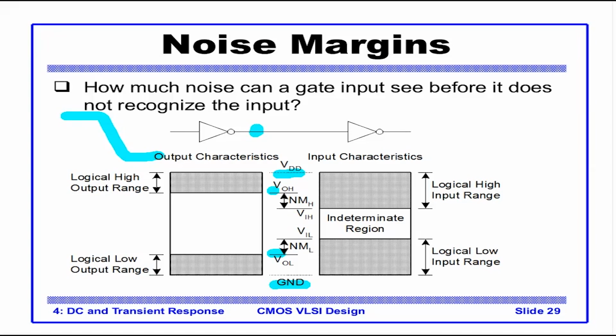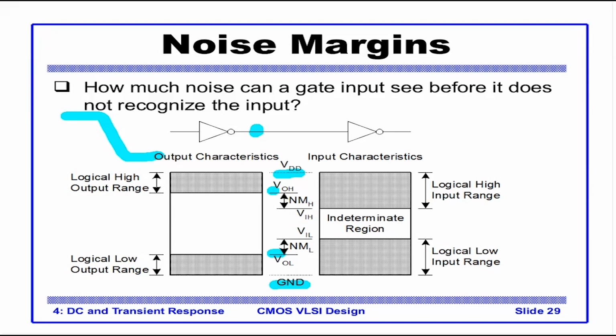I'll explain that in more detail, but let's assume that this inverter, if given a voltage between VIH and VDD, is able to resolve it as logic level 1. Similarly, if we give a voltage between VIL and GND, it is able to recognize this as logic level 0. So we say that the logical high input range of this inverter is this wide. Similarly, the logical low input range is this one.